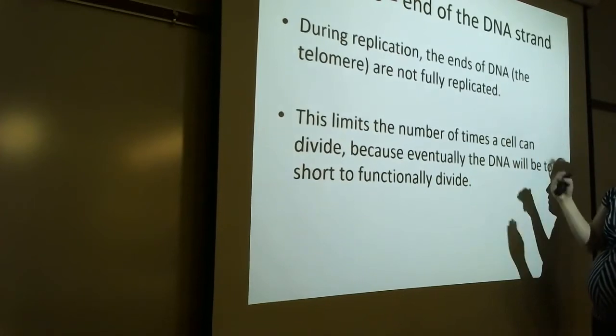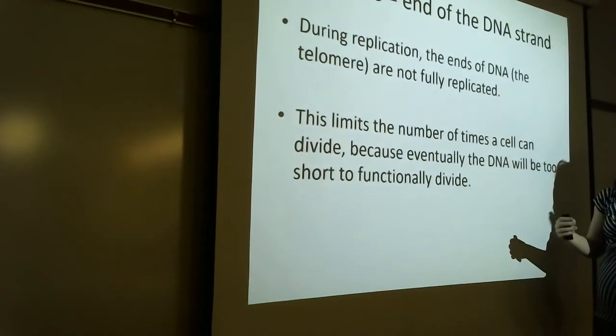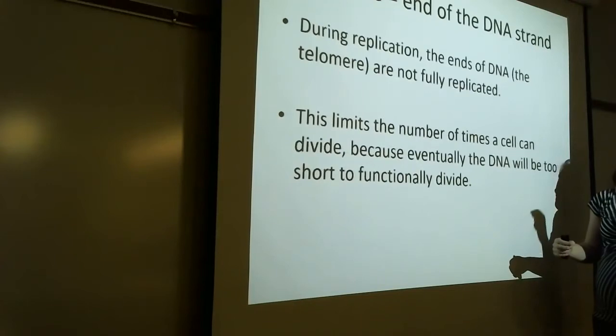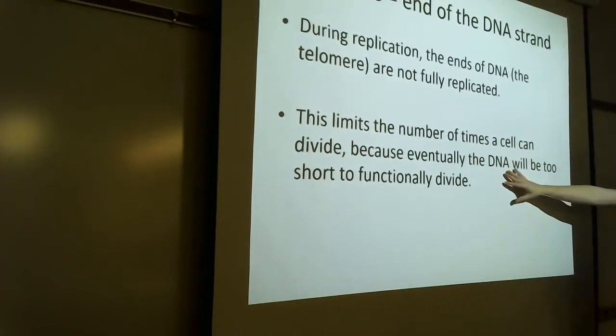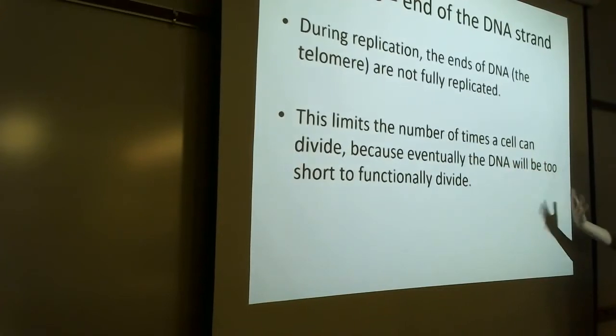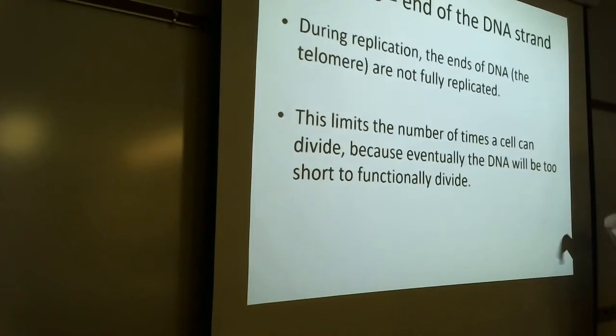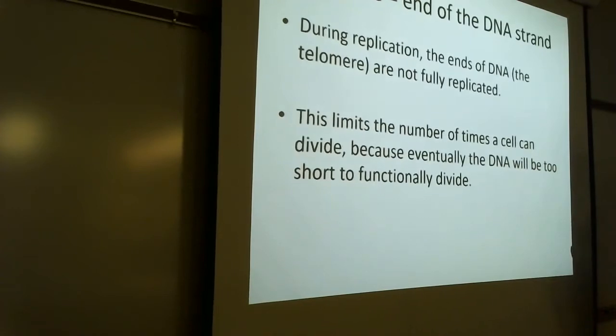Because if every time you replicate DNA, the end couple of bases gets chopped off, eventually the DNA is not functional anymore. So that means that DNA has a lifespan. And that would be a good thing because you have these errors that happen and all that kind of stuff.